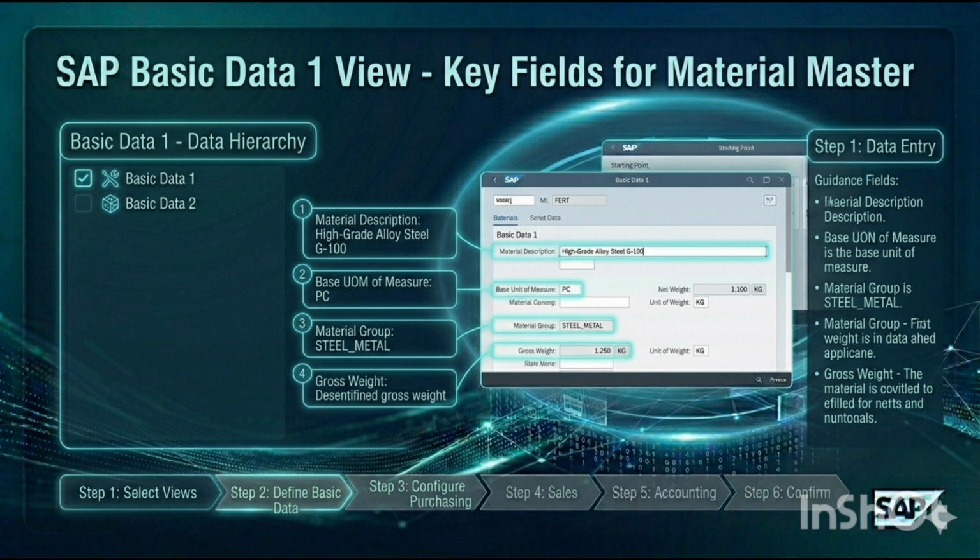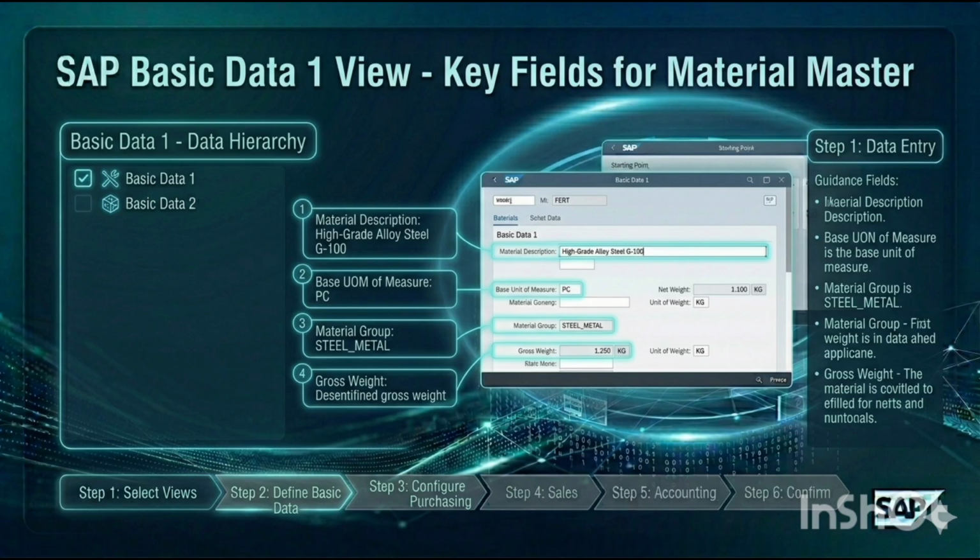You should also maintain material group, division, gross weight, net weight and size or dimensions if applicable. Remember, the information you enter here will be visible across all modules, so accuracy is very important.